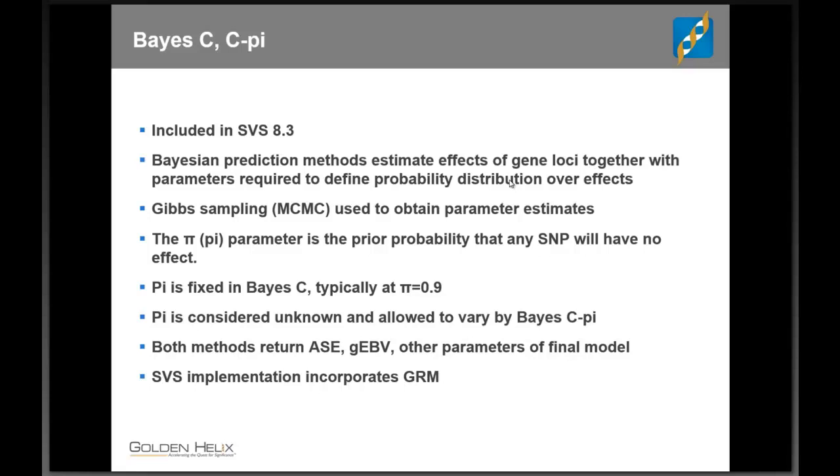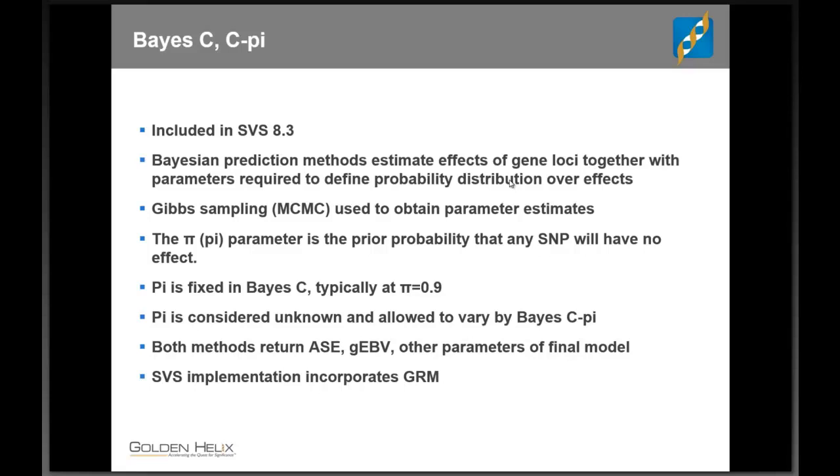estimates in some cases. Now that pi parameter, when you hear Bayes-C and Bayes-C-pi, pi is the probability that any given SNP will have no effect or negligible effect on the phenotype, and that explains the difference between the two methods. Bayes-C has a fixed value of pi, while Bayes-C-pi allows that pi value to fluctuate, and it is ultimately estimated in the final model.